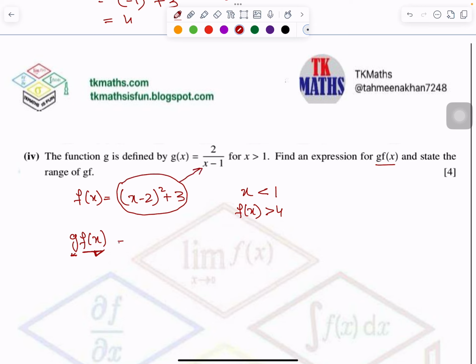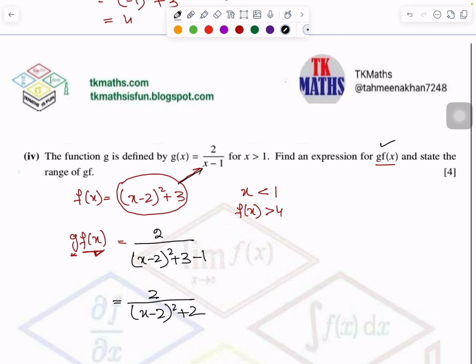So g of f of x will be what? 2 divided by, this whole value will go here in place of x in function g. x minus 2 whole square plus 3 minus 1, which is equal to 2 divided by x minus 2 whole square plus 2. So the first part of the question I have completed, which is saying express g of f of x. I have expressed it.